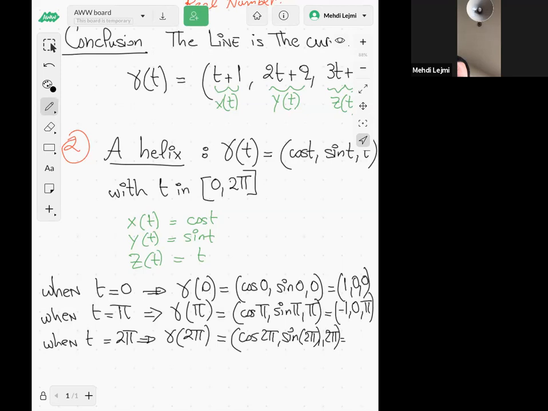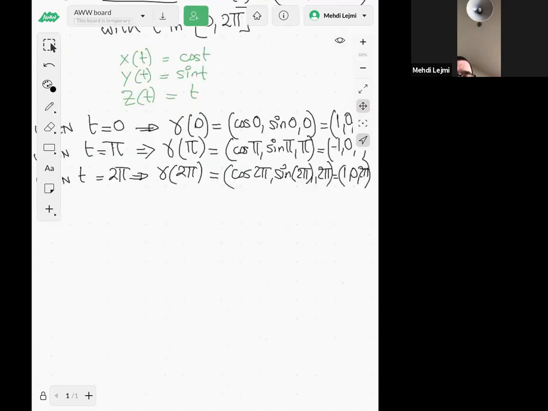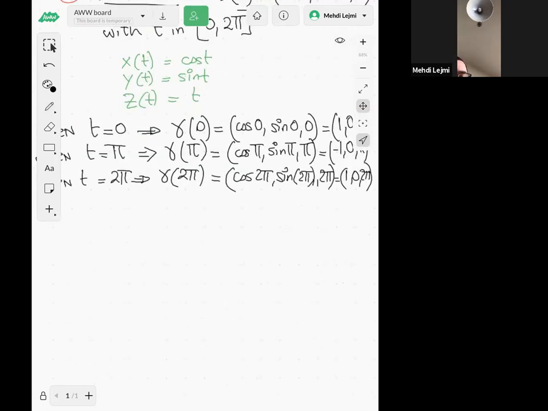So that would be the cosine of 2 pi is 1, sine of 2 pi is 0, and then the last component is just 2 pi. Okay. And now you can try to graph this curve, this helix. So if you try to graph the helix, this is my x-axis, y-axis, and the z-axis.